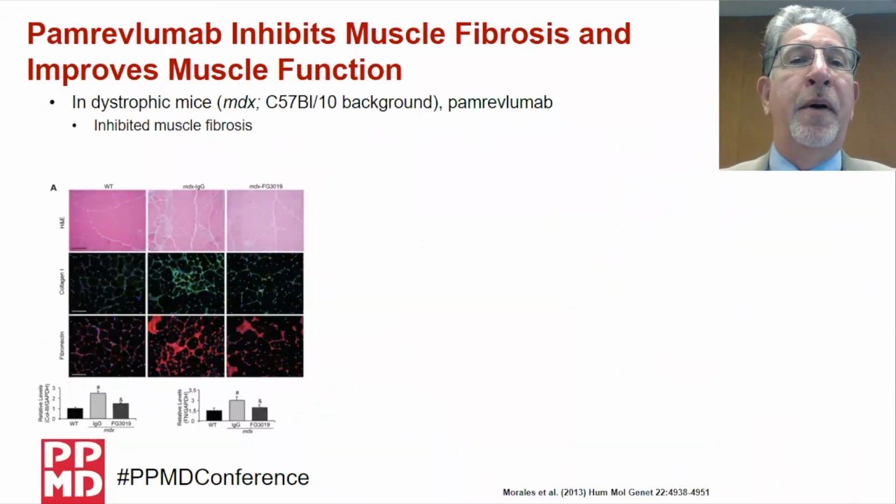Now, we tested this hypothesis in dystrophic mice, and what we saw in mice that were treated with Pamrevlumab is that we were able to inhibit the deposition of collagen and fibronectin.